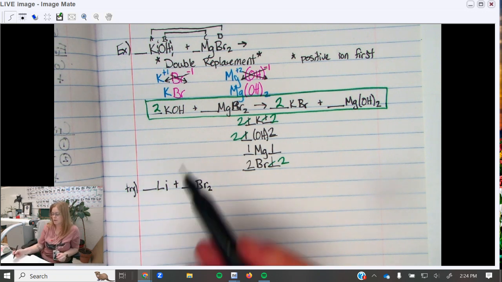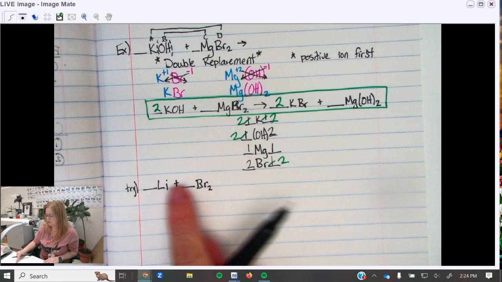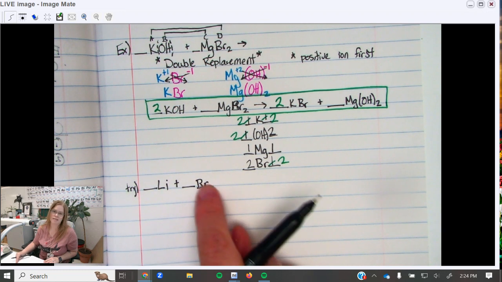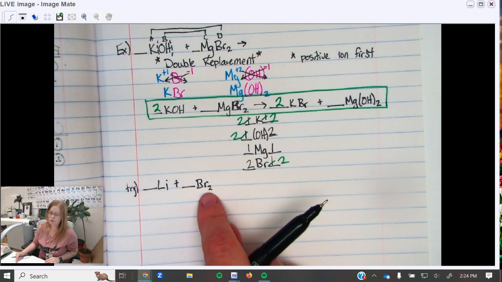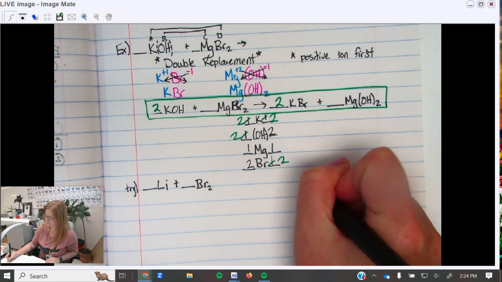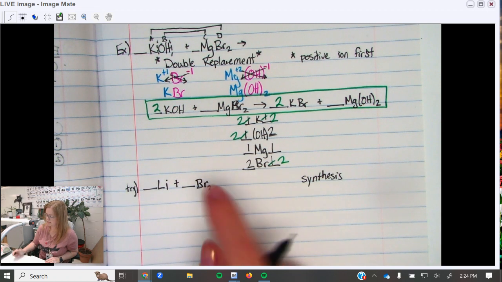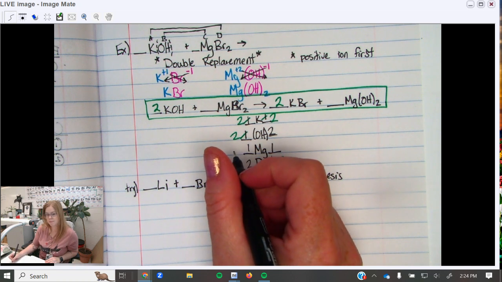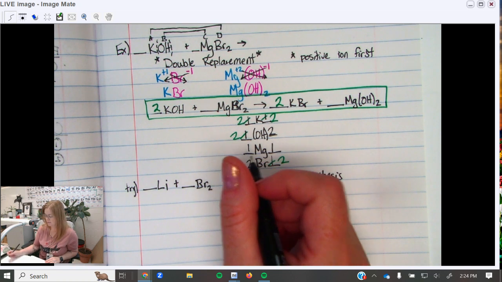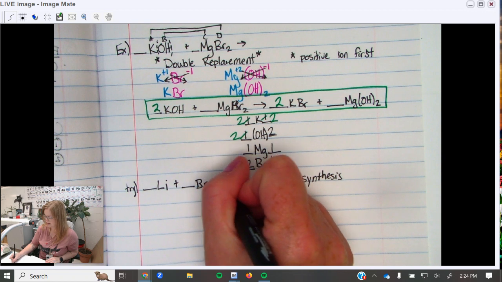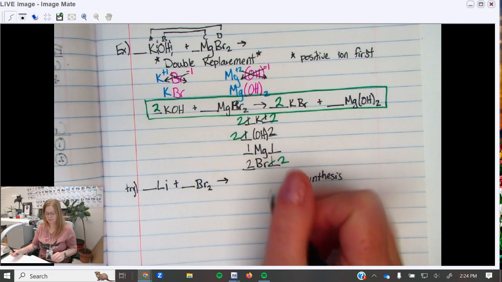Okay, so in my Li and Br2, I have 2 single elements. I know it's a diatomic, but that still counts as a single. So this is synthesis. This is my A plus B. So it's got to go to AB. So I need to figure out what that AB is. So I have to combine it and get my product.